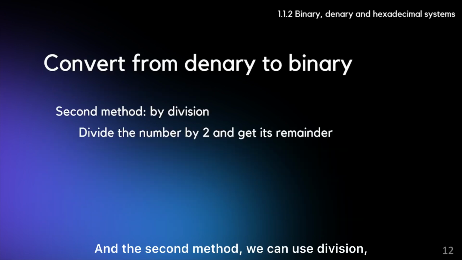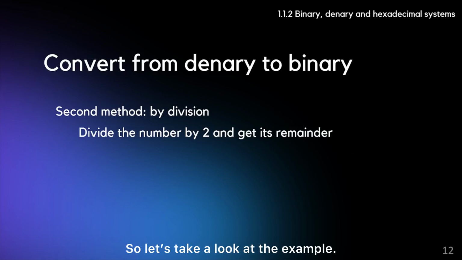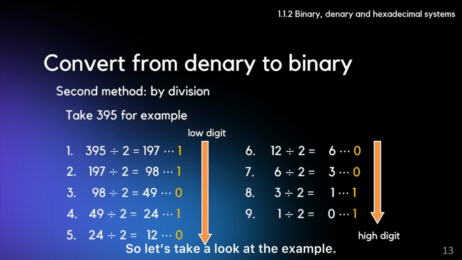And the second method, we can use division, which is by dividing the number by 2 and getting its remainder. So let's take a look at the example. We also take 395 for example. First, we will divide 395 by 2, and we will get its quotient and remainder.